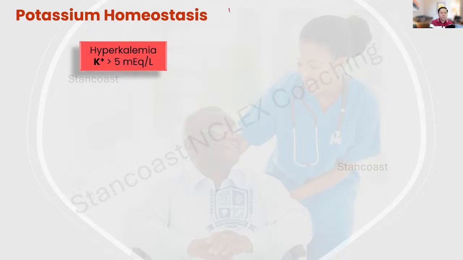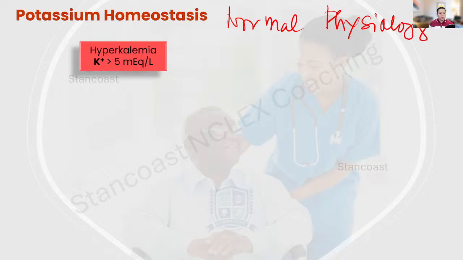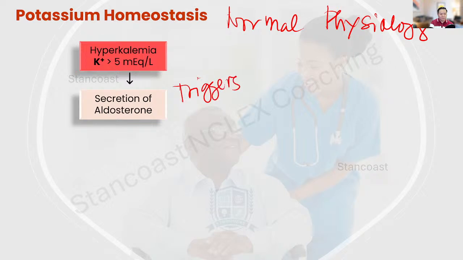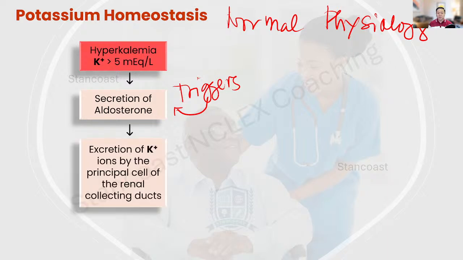In the normal physiology, when the patient's potassium level gets higher, exceeding 5 milliequivalents per liter, it will trigger the release of the aldosterone. And once the aldosterone is released into the bloodstream, it will cause the excretion of the potassium ions by the principal cells in the collecting ducts.